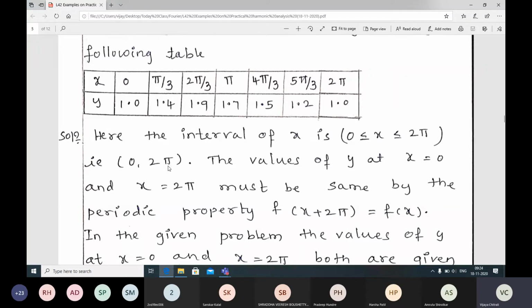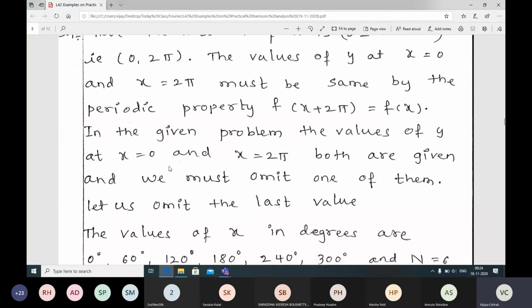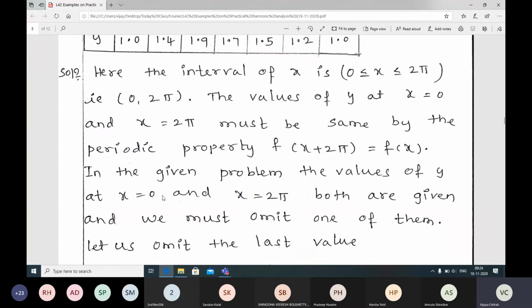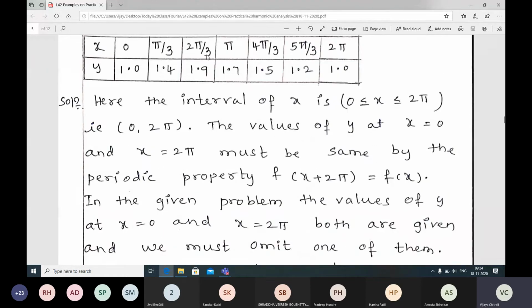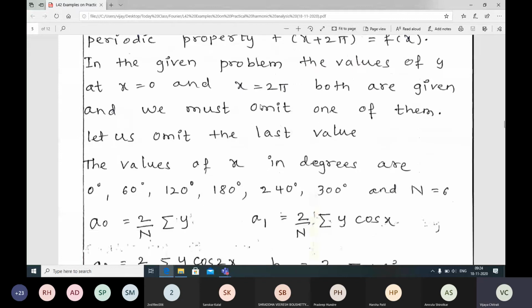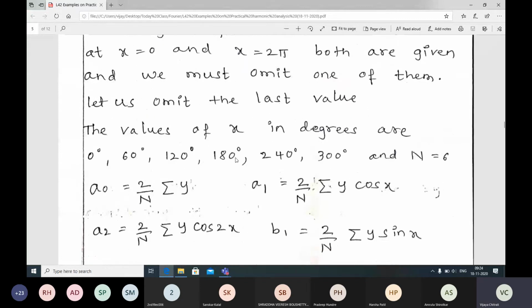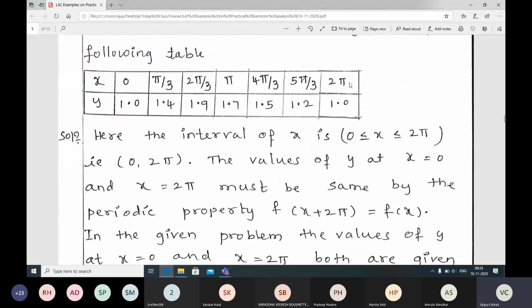Now, according to this, prepare the table. The values of x are 0, pi by 3 meaning 60 degrees, 2 pi by 3 meaning 120, pi meaning 180, 4 pi by 3 meaning 240, and 5 pi by 3 meaning 300.